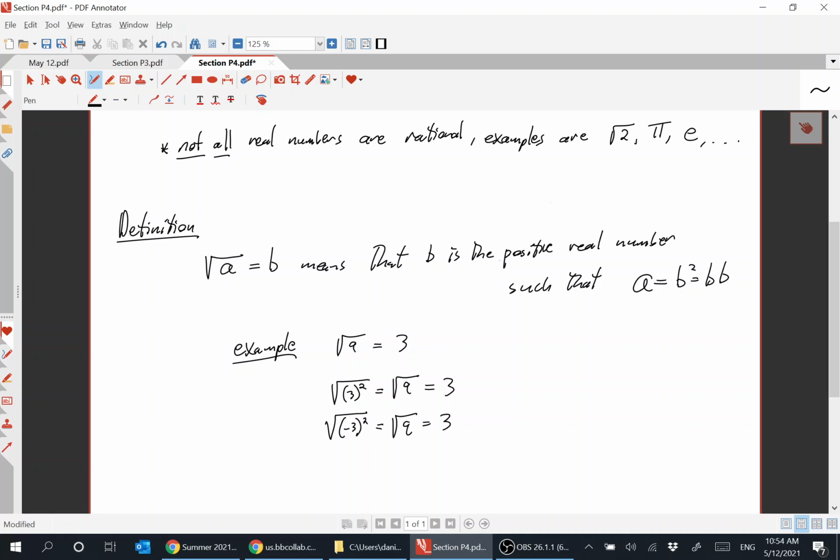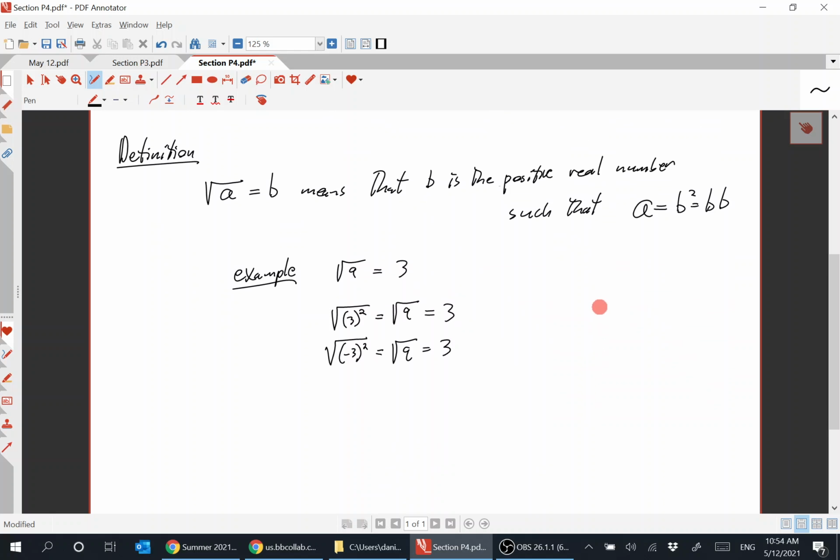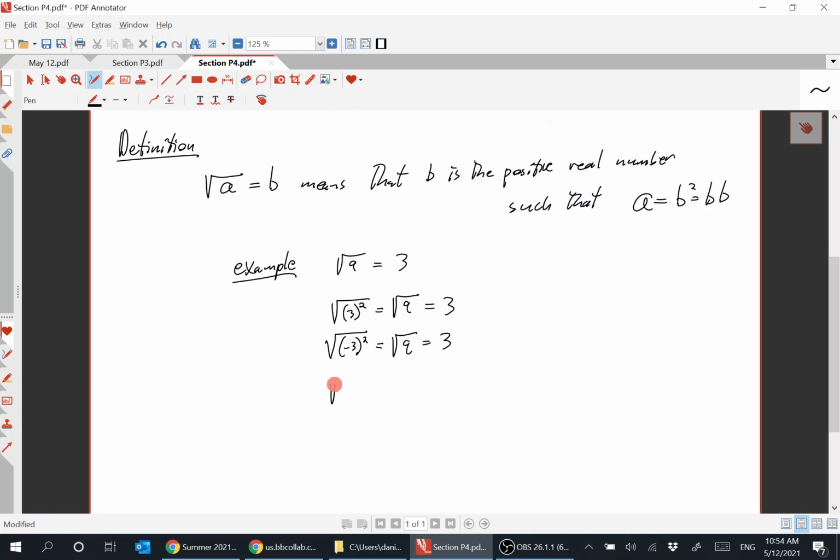The square root is always positive. So more generally, the square root of x squared is not necessarily x. If x is equal to negative 3, the square root of negative 3 squared is not negative 3. It's 3.